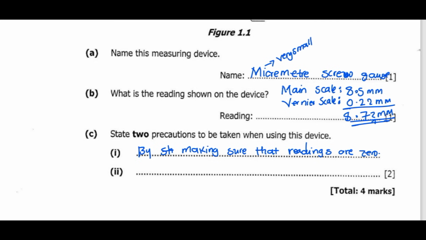Or we also simplify this by just saying by zeroing this. So before you do any measurement, it has to show a 0. So that's what we can do.